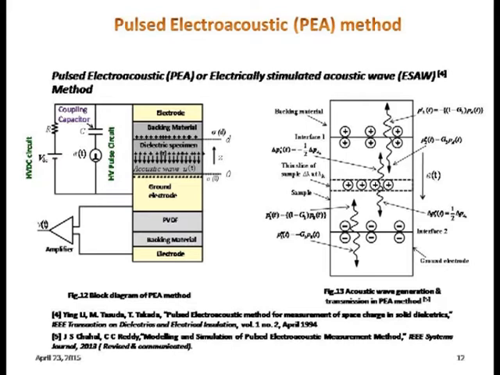The principle here is the acoustic principle, which means sound wave. We generate a sound wave which is proportional to the space charge, and whenever it is generated it will move in either direction.